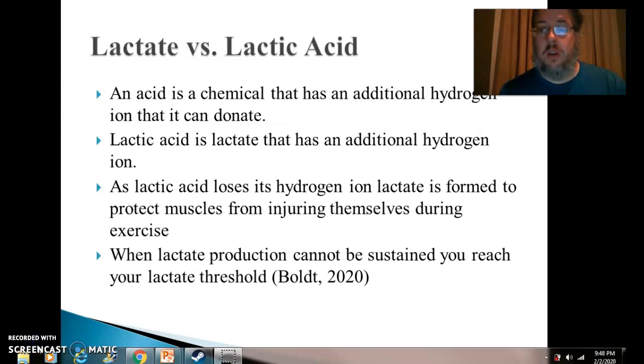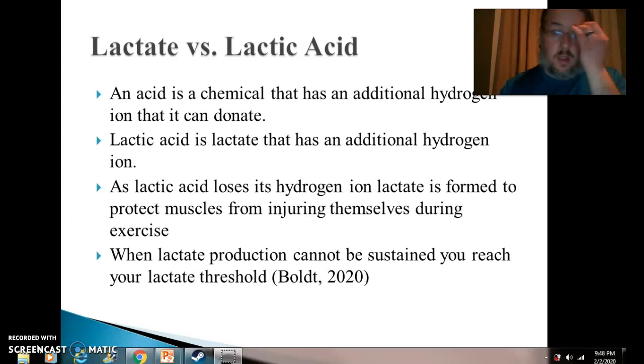As I've been talking about the lactate, you're probably wondering what the difference is between lactate and lactic acid. To answer this, you have to know what an acid is. Essentially, an acid is a chemical that has a hydrogen ion that it can donate to other materials.